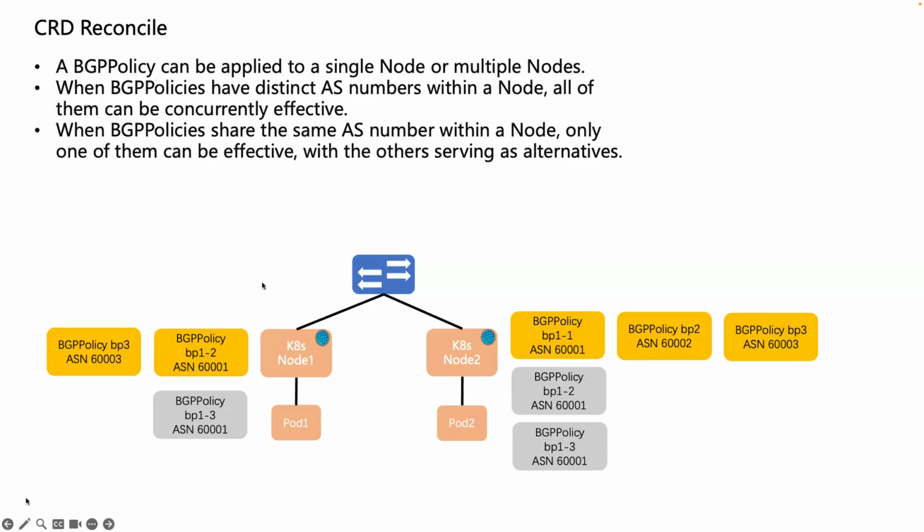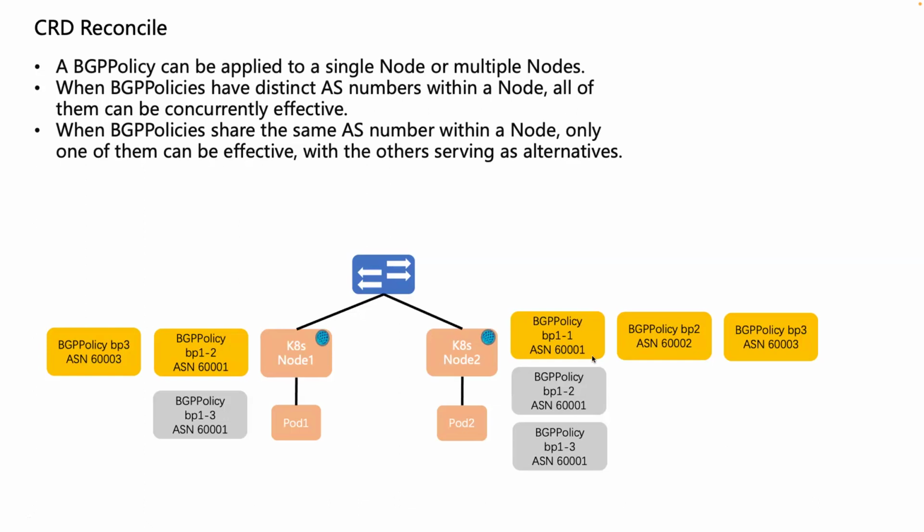And as we can see, I have a question regarding ASN. What's the use case of applying more than one BGP policy to a single node with different AS numbers?